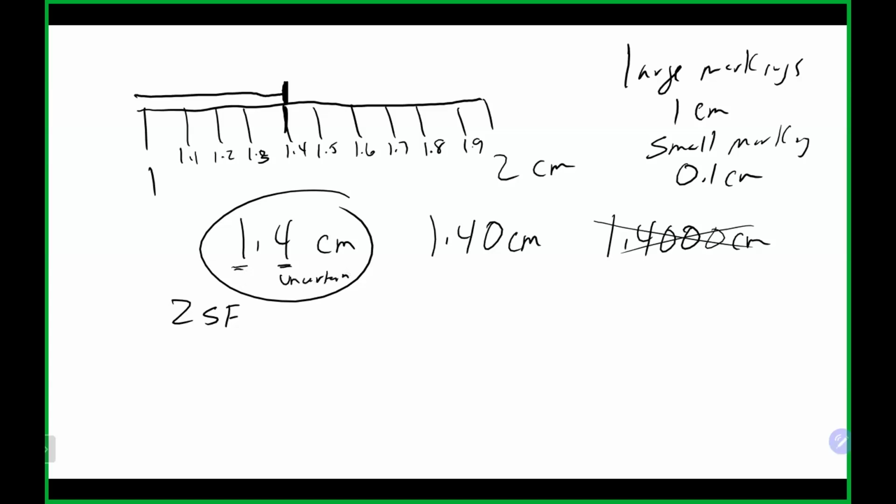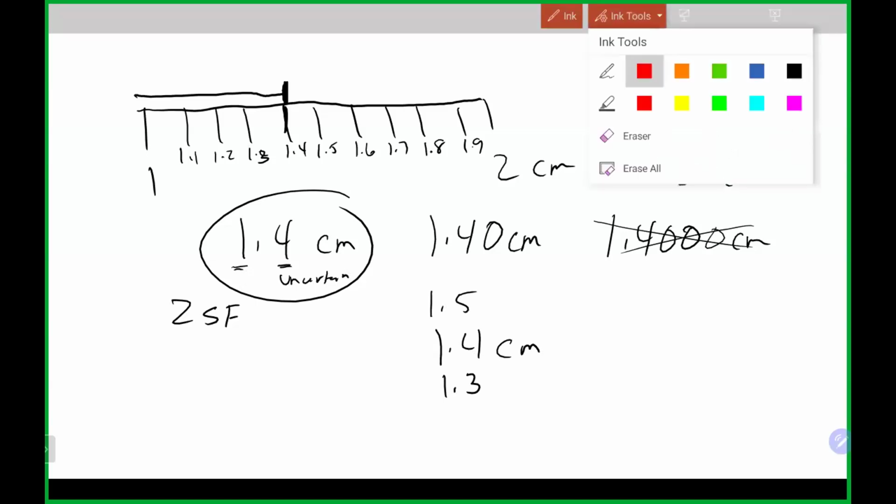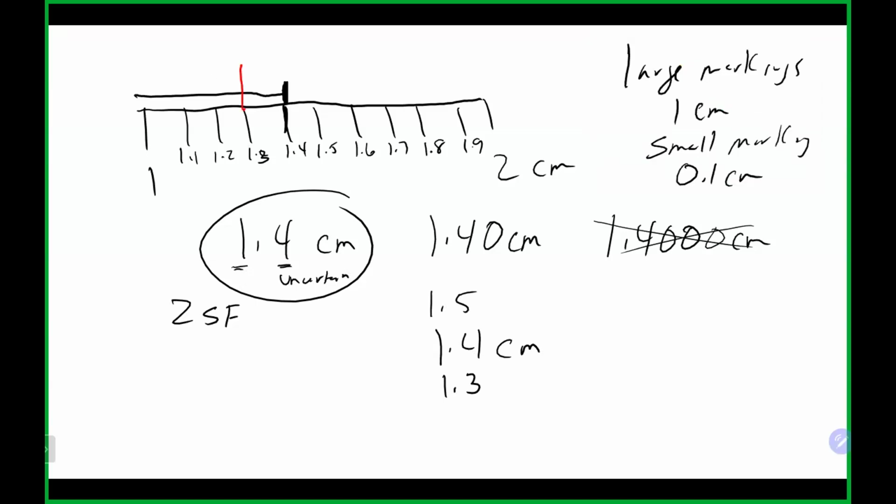So when I record 1.4, what I'm saying is I think it's 1.4 centimeters, but maybe it's 1.5 or maybe it's 1.3. That's where the uncertainty is in that first decimal place. If I look at my picture, I think it's somewhere between here. That's a lot of uncertain area, a lot of error in there. I'm not really sure where it's at.